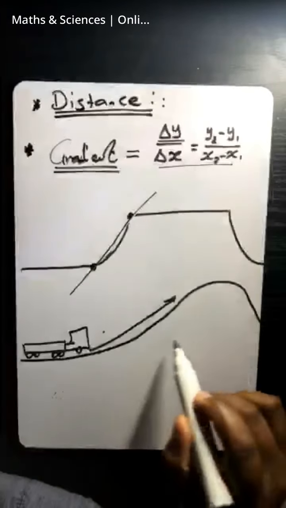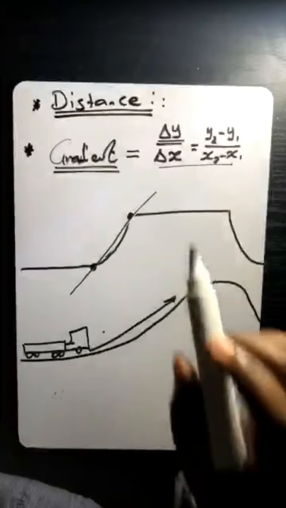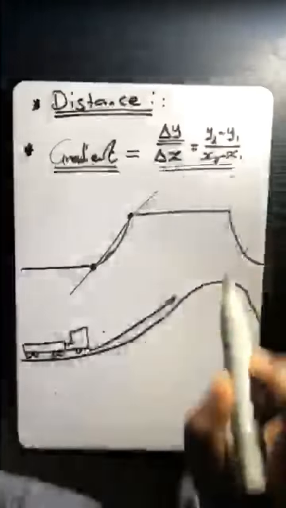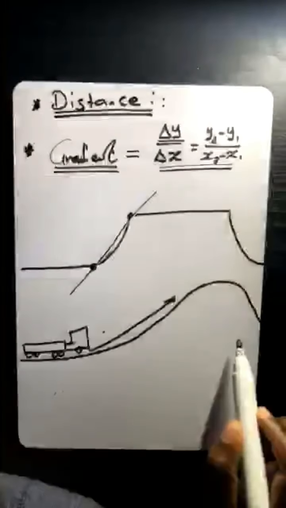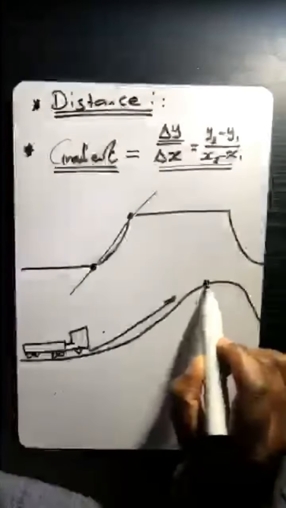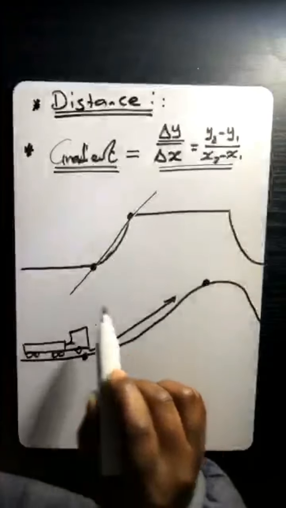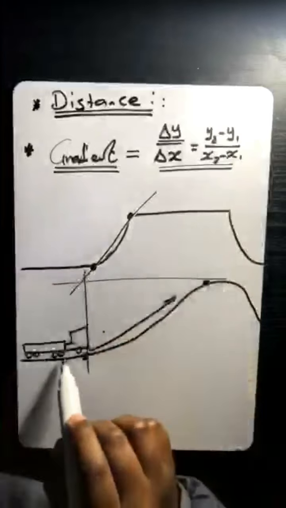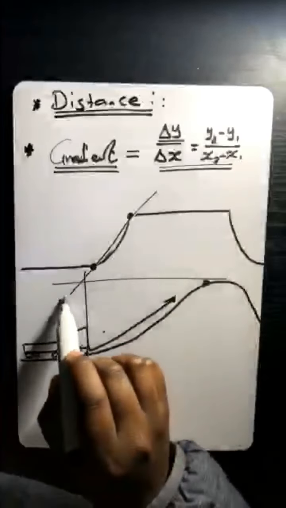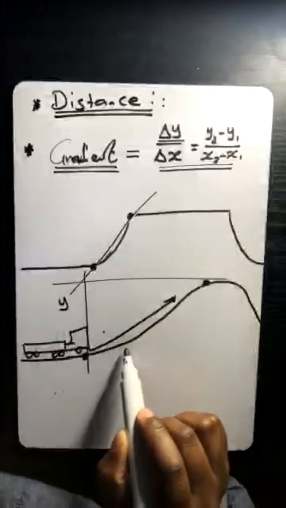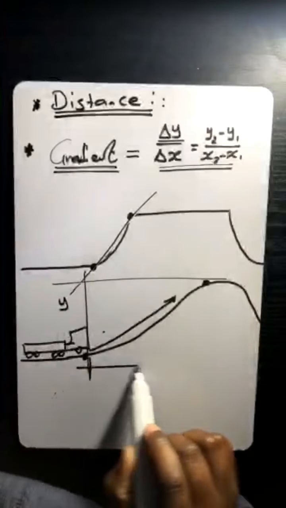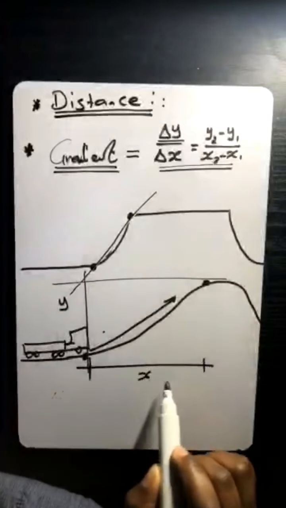How do we know that this road is too steep? Good people, this is the formula that we use. We are able to say this is higher than that point, then we determine that height using the formula, and we also determine the length from there to there, being x.